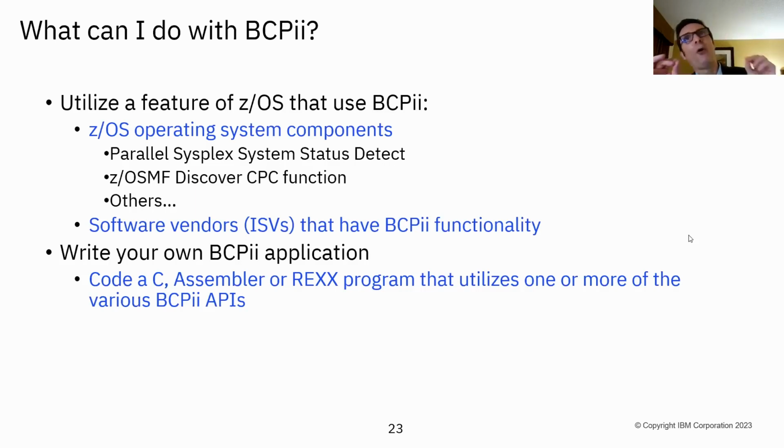There's also a whole lot of vendors that use BCPii under the covers, and they require you to do some BCPii setup if you haven't already done so. Whether it's automation packages, for example, shipped by Broadcom or BMC or many of the other large software vendors, Hitachi and many others, or performance management software like zPrice Manager, zCost Management, and many others, they all leverage BCPii under the covers and require you to do BCPii setup.